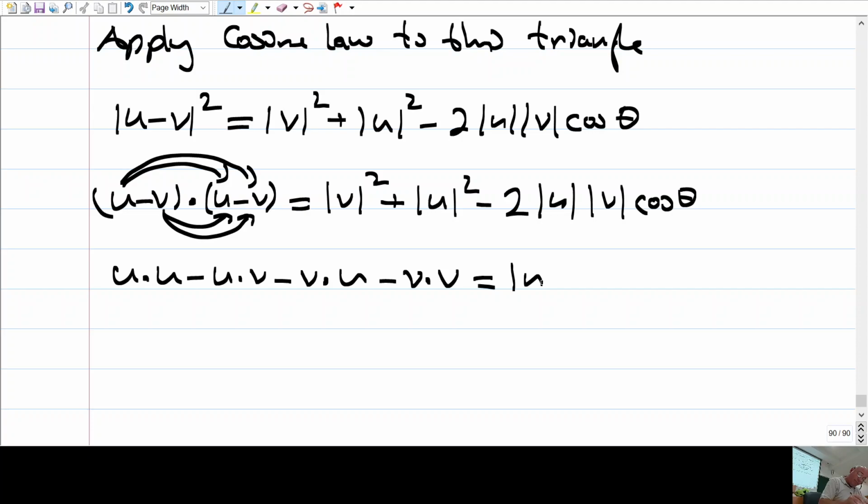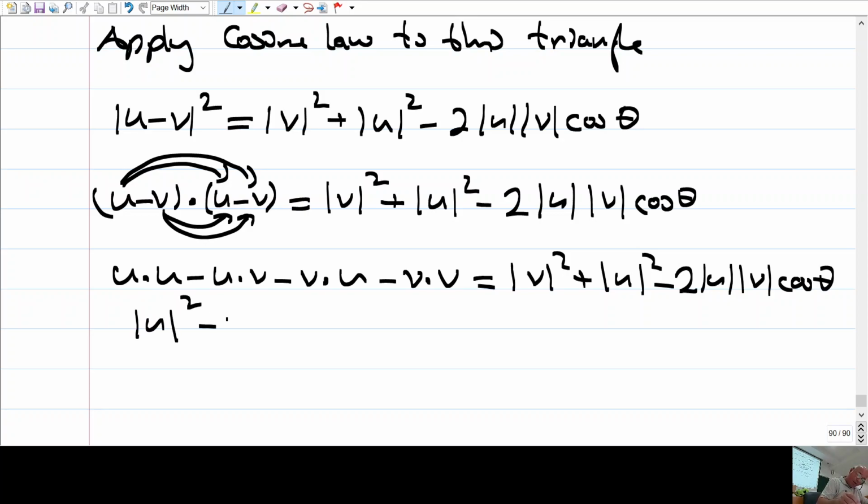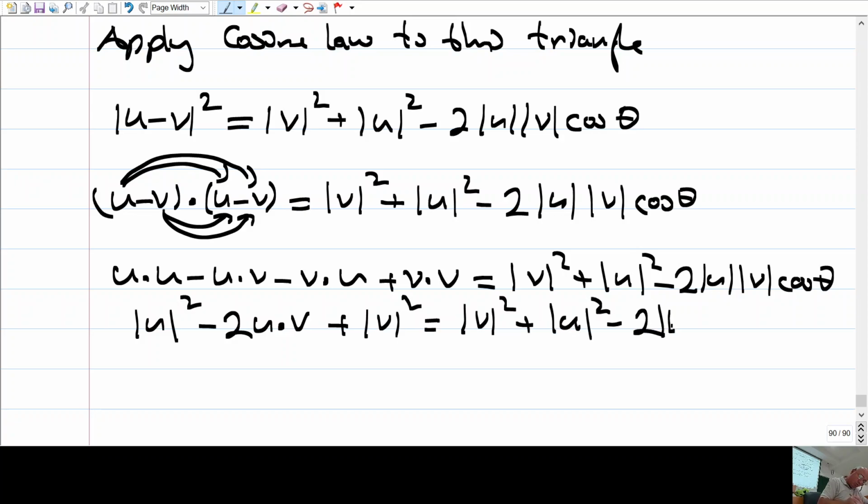And here I have the length of u minus v squared equals length of v squared plus length of u squared minus 2 times length of u times length of v cosine theta. But the left side is u dot u minus 2 u dot v plus v dot v. Now the u squared cancels with u squared, and v squared cancels with v squared.